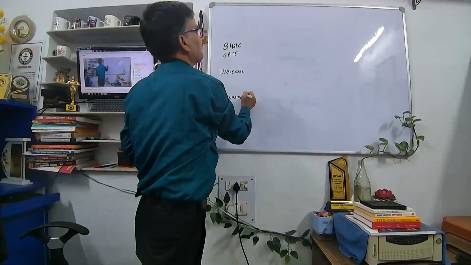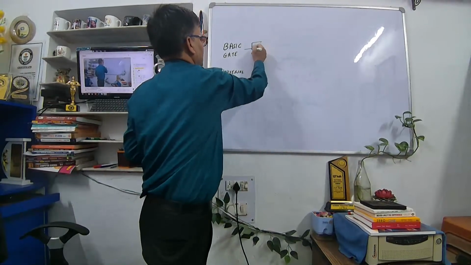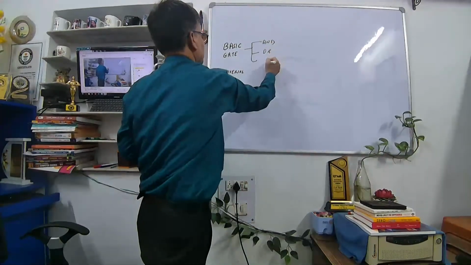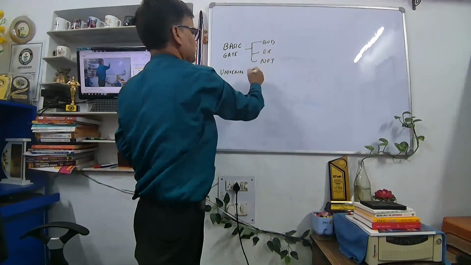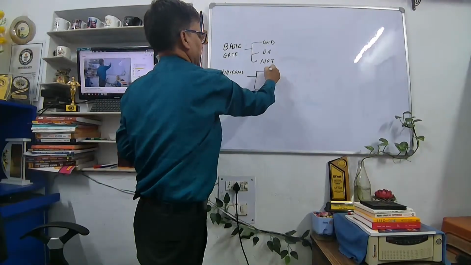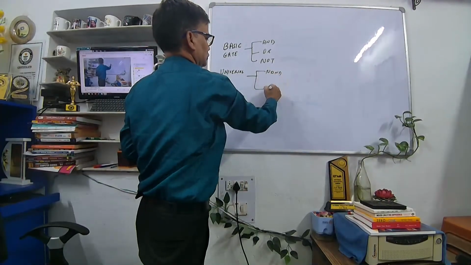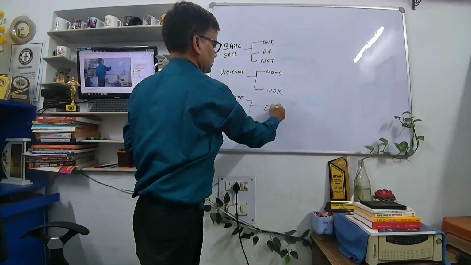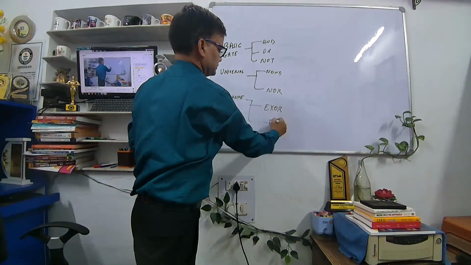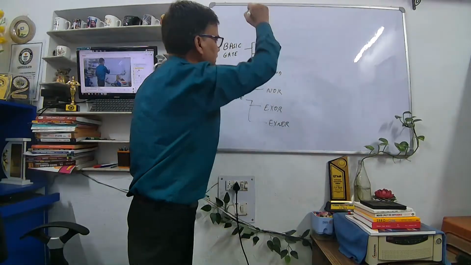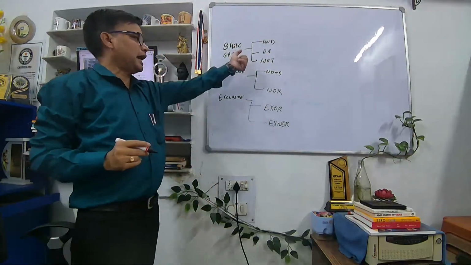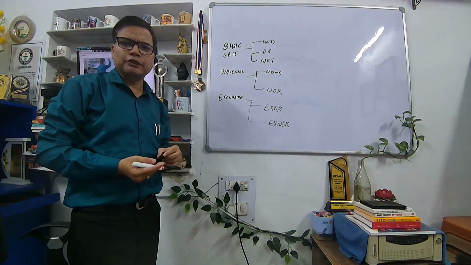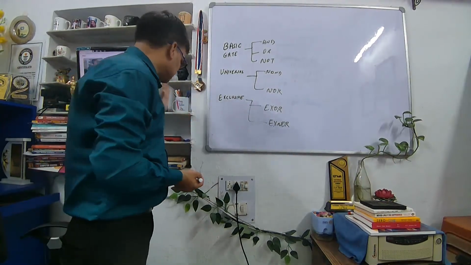Now, in the category of basic gates, we have AND, OR, and NOT. In universal gates, we have NAND and NOR. In exclusive gates, we have XOR and XNOR. Right? So these are the three categories of the logic gates: AND, OR, and NOT are the basic gates. Universal, we have NAND and NOR. And exclusive gates, we have XOR and XNOR.